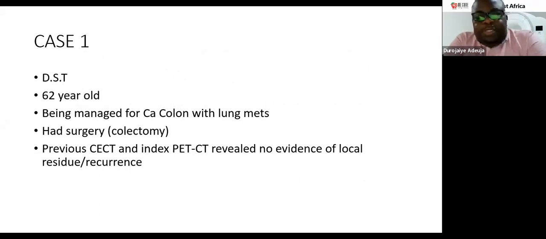The first case I'll be looking at is DSP, a 62-year-old female that was managed for colonic cancer with lung mets. She had a colectomy, and she also had a previous CT with the index PET-CT that she had at our center, which showed no evidence of local residue or recurrence.